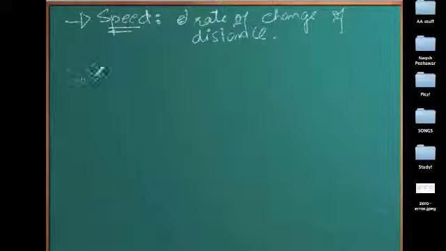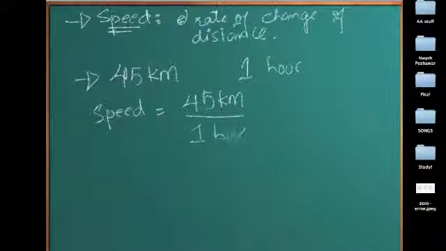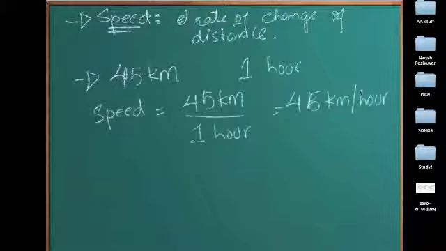For example, if I ran 45 kilometers in 1 hour, I would say that my speed is simply 45 kilometers divided by 1 hour. In 1 hour, I ran 45 kilometers. So my speed becomes 45 kilometers per hour. That I covered a distance of 45 kilometers in a time of an hour.